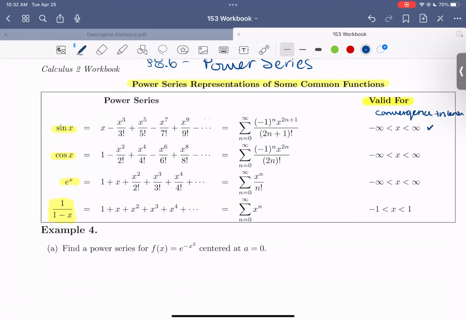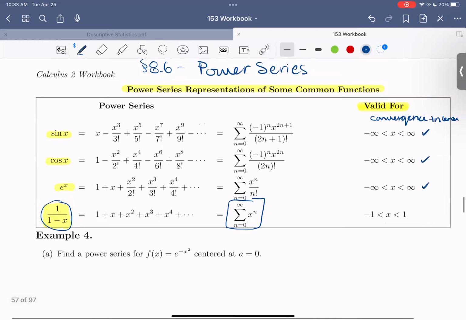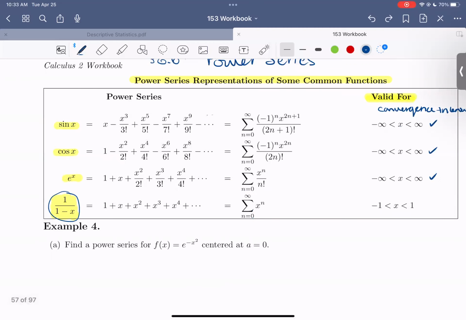So it's awesome that sine, cosine, and e to the x, their power series are convergent for all x. And notice this bottom function, 1 over 1 minus x, its series converges only when x is between 1 and negative 1. And we can even take a look at that series and determine why that is.